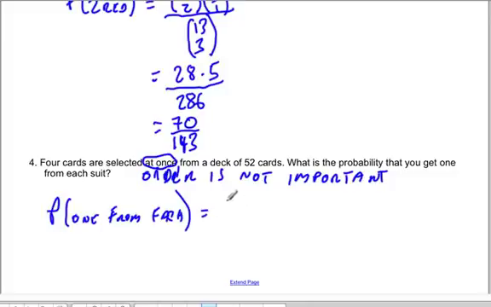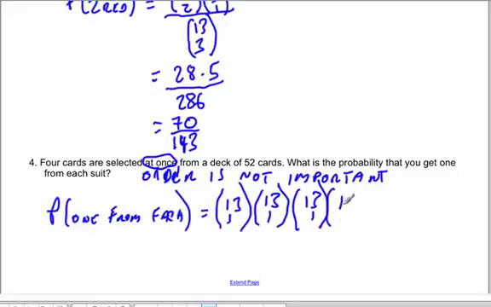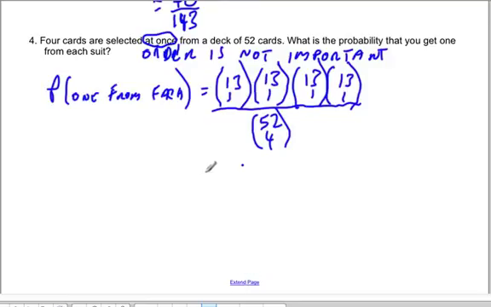the probability that we get one from each is going to be the combination of 13 choose 1. So we're going to pick 1 card of the first suit, then 1 card of the 13 of the other suit, times 13 choose 1, times 13 choose 1. So basically there are 13 ways you could choose a club, a diamond, a heart, or a spade, and we don't care about what order we choose them in. And the total number of ways we could choose 4 cards out of 52 is the combination of 52 choose 4.